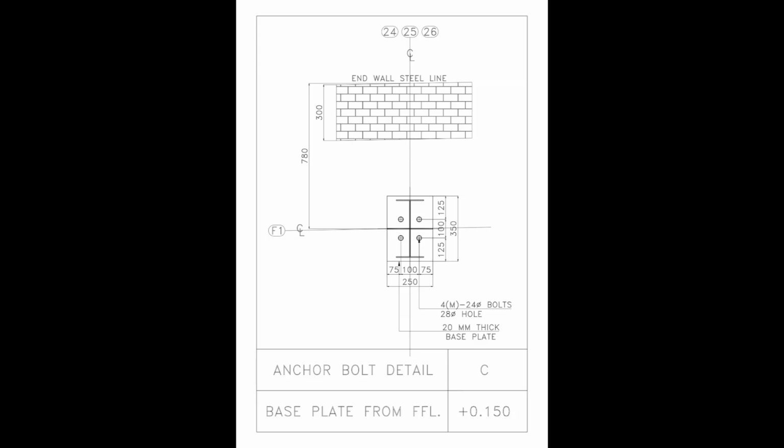Unlike the previous details located at plus 2.875 meters, Detail C has its base plate at plus 0.150 meters from finished floor level. This means that the column condition and supporting level are different. Always check both the plan location and the base plate elevation before setting out anchor bolts on site.